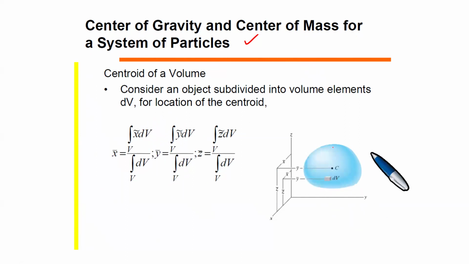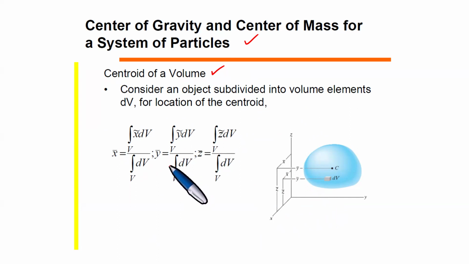Because now we can be interested in asking how much volume we have of this particular substance. So, the centroid of a volume: consider an object subdivided into volume elements, dV, for location of the centroid. To find the centroid of a volume, what do we do?